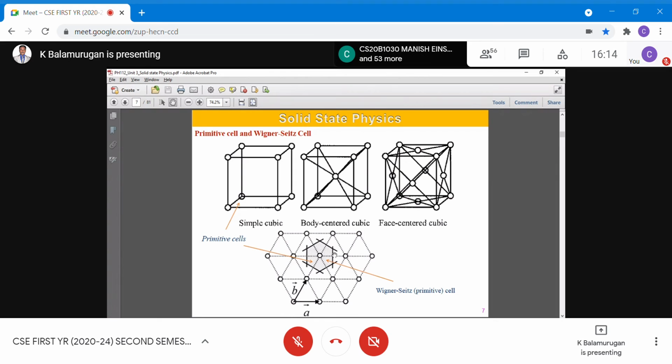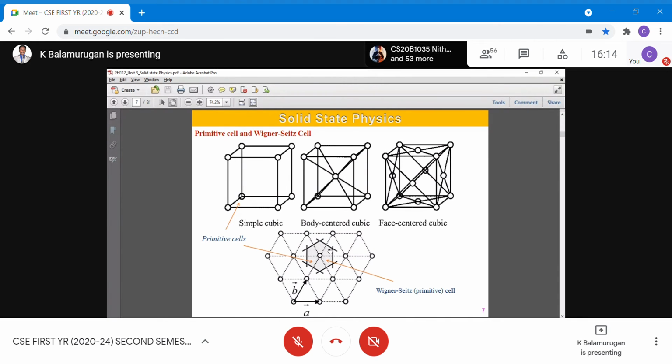Then you get this type of lines. When you extend all these lines connecting each other, they will enclose a volume. That closed volume will have only one lattice point inside. That type of cell is called the Wigner-Seitz primitive cell.